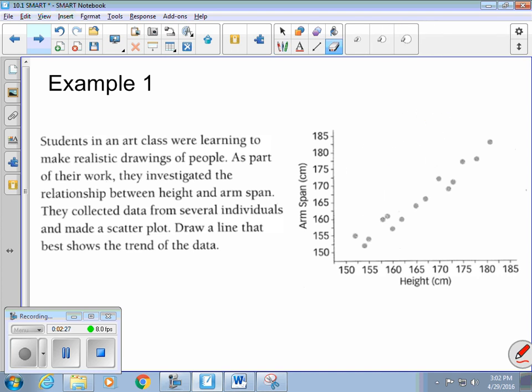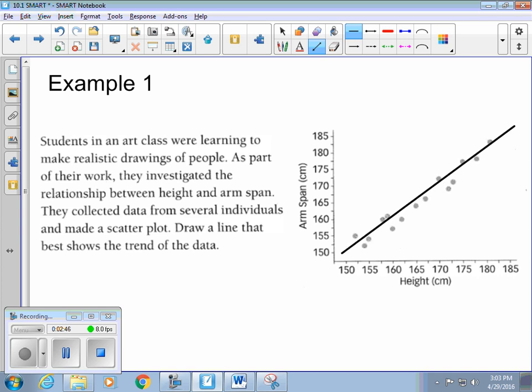What we want is to draw a line that's going to be within the set of data so that it clearly shows where the data is and also what it's doing. So I'm going to start somewhere right around here. My line is going to be straight because notice that everything kind of fits around it. One of the goals is that you have about the same number of points on the top and bottom.